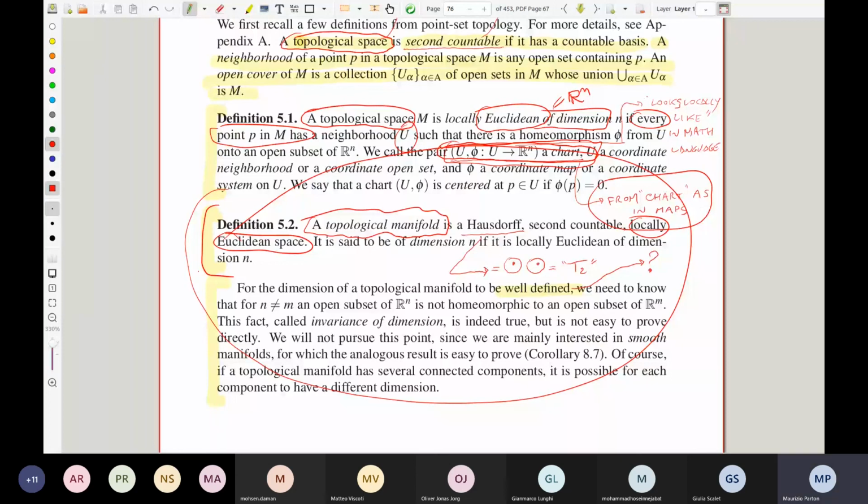I mean, you are saying that there is no open set homeomorphic to this one. This is an open set with just one connected component. Why shouldn't it be possible to build a map, maybe a very complicated map that you can't see right now, but a homeomorphism with an interval?